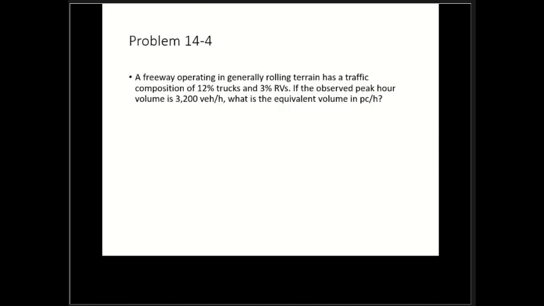So I know the EHV factor is 3. I will apply this EHV factor to what percentage of vehicles? Heavy vehicles, right? Heavy vehicles are how many? 15%. Now 15% means what number?